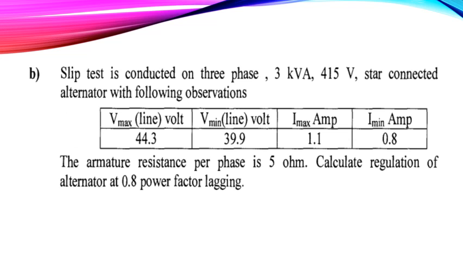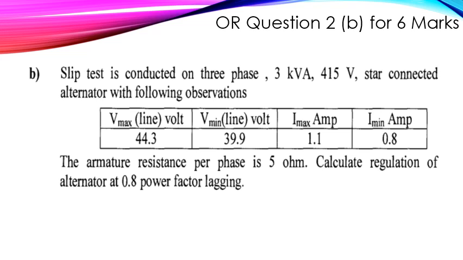The next question is question 2b, which is for 6 marks and it is in OR. A slip test is conducted on a 3-phase, 3 kVA, 415 volt star connected alternator with the following observations. As we know, in the slip test we have to take the readings of maximum voltage and minimum voltage, and correspondingly measure the maximum current and minimum current.